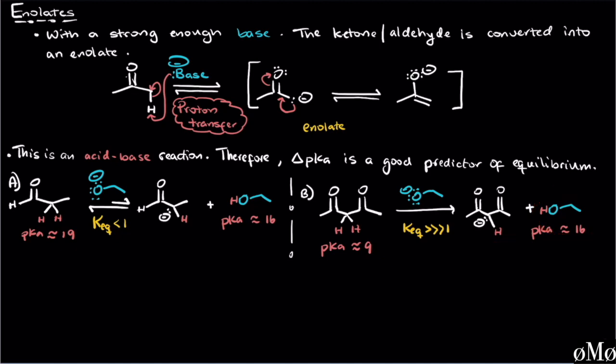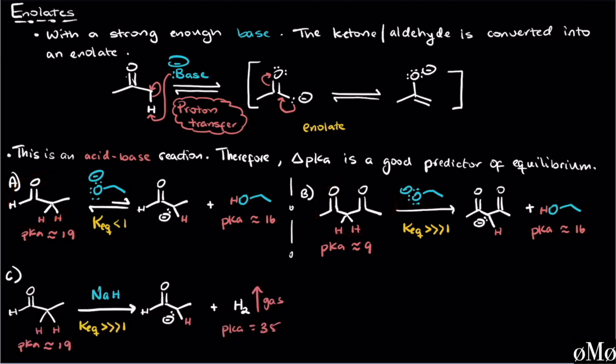And once again, the pKa's can tell us why that's the case. The pKa of your ethanol is 16, the pKa of your diketone is 9, and so you really have this dramatically shifted towards the formation of your enolate over your diketone. And so be careful, the substrate can actually tell you the direction of your acid-base equilibrium.